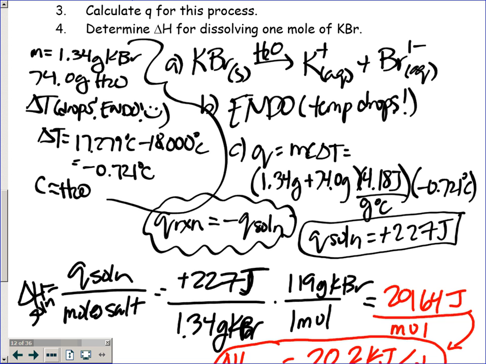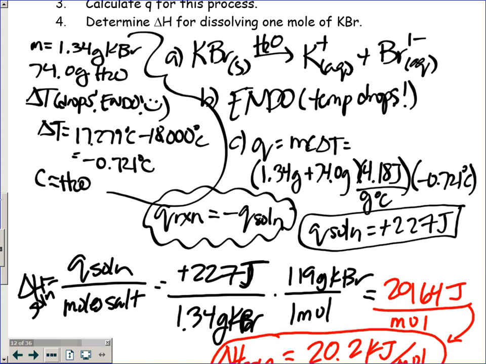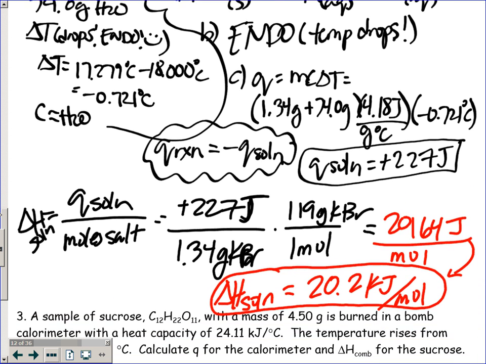Look on the board where I wrote down the process of Q calculation. I know that this is a negative Q, but I know that it's endothermic. So how do I really show that to the grader? I generally will just say, okay, the Q of the reaction is equal to negative Q solution, or vice versa, Q of solution is equal to negative Q reaction.